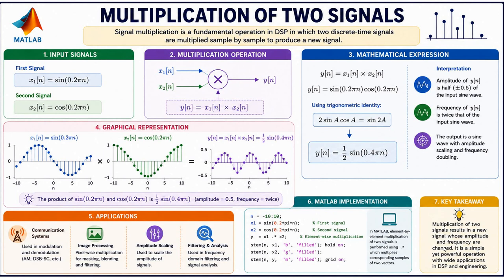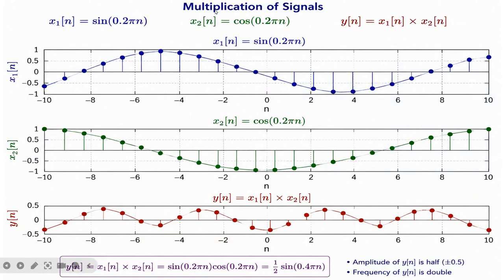Whose amplitude and frequency are changed, and it is simple and also powerful with wide applications in DSP and engineering. One thing you have to remember is the amplitude also gets changed and the frequency also gets changed. So here this is the graphical representation. This is x1 of n, this is x2 of n, and this is y of n.